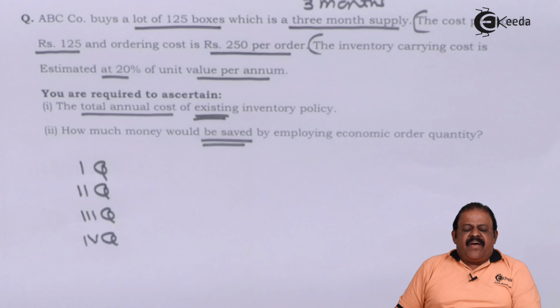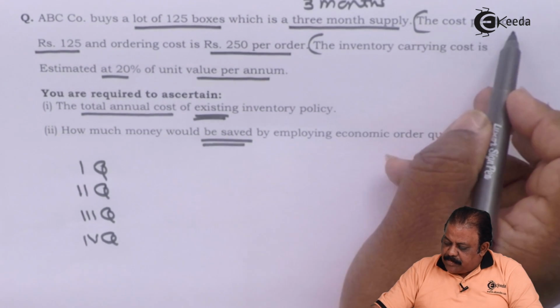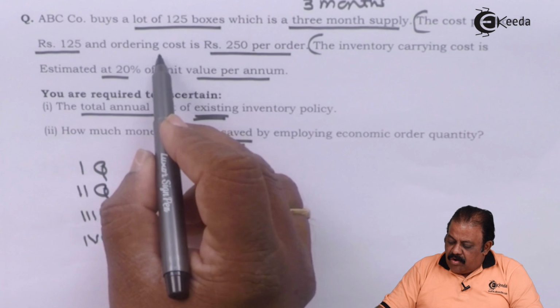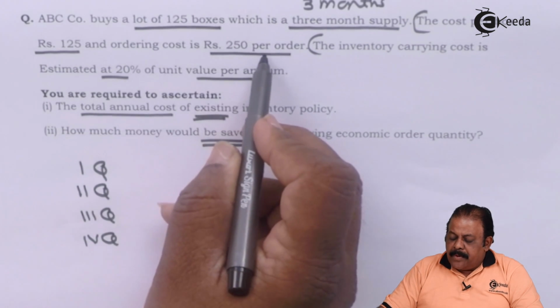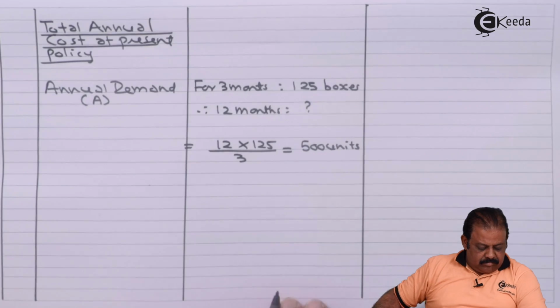So we can find out ordering cost. The cost per box is 125 and ordering cost is rupees 250 per order.